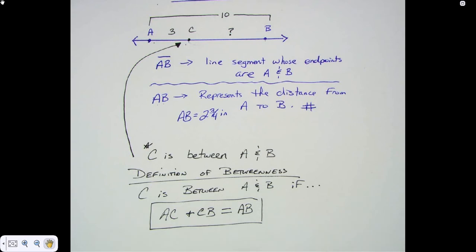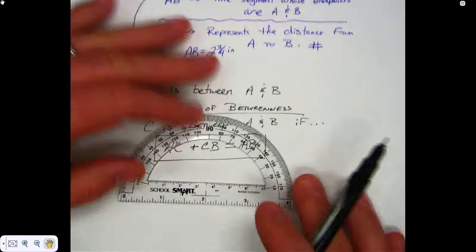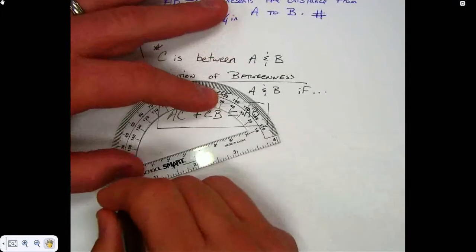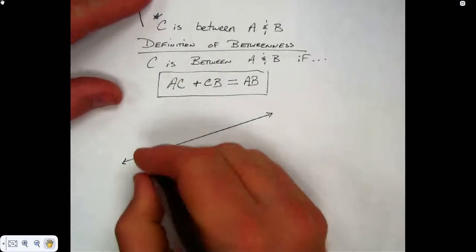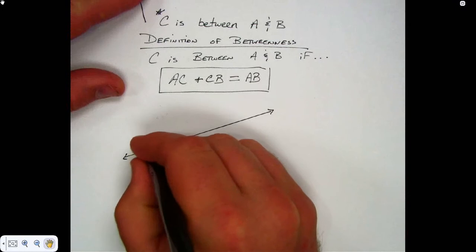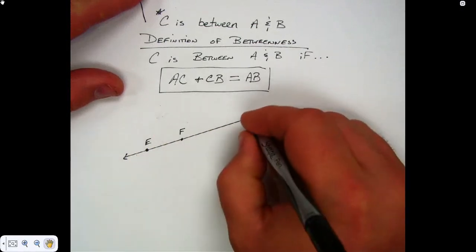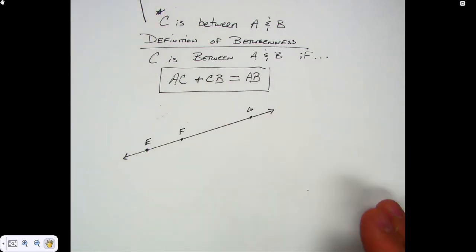So, if I draw another picture here, I'll make it angled. Try to change things up here. Let's make this E. Let's make this F. And let's make this G. And I'll tell you what, let's make this H. Number 1.